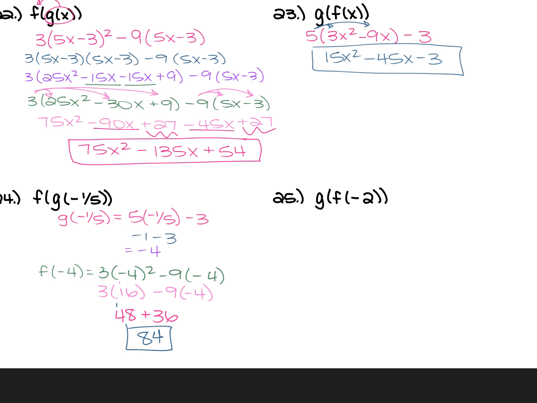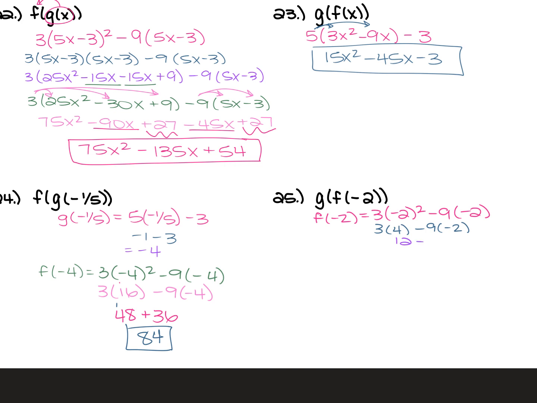For 25, you're finding g of f of negative 2. So we're going to find f of negative 2 first. So if we work with the f of negative 2, we're going to have 3 times negative 2 squared minus 9 times negative 2. The negative 2 squared is 4, so that's 3 times 4 minus 9 times negative 2. 3 times 4 is 12.